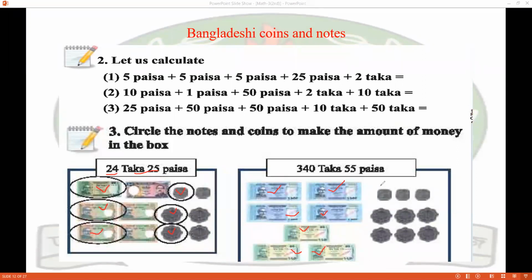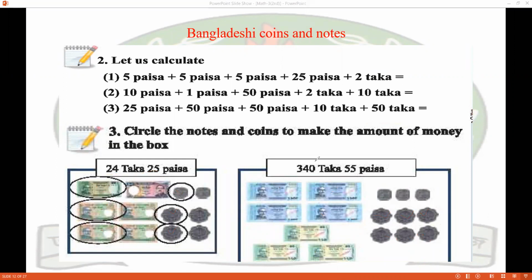There is 5 paisa, 5 paisa, 5 paisa, and 10 paisa six times. That is 60 paisa and 15 paisa, that means 75 paisa. And there is 400 taka and 60 taka, that means 460 taka. Total 460 taka and 75 paisa. You have to find out 340 taka and 25 paisa.